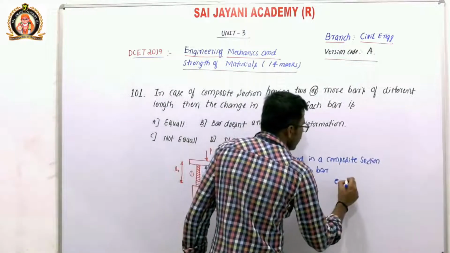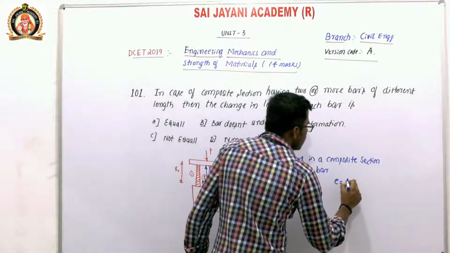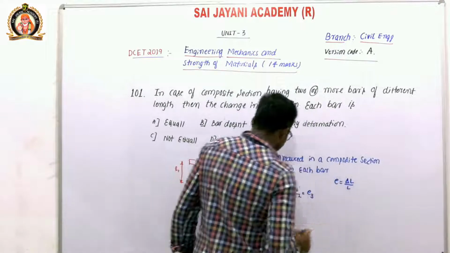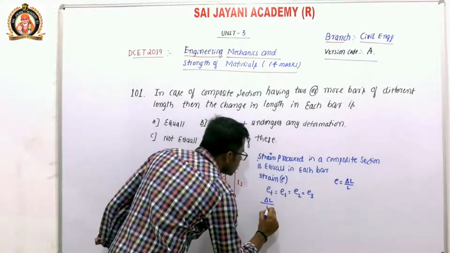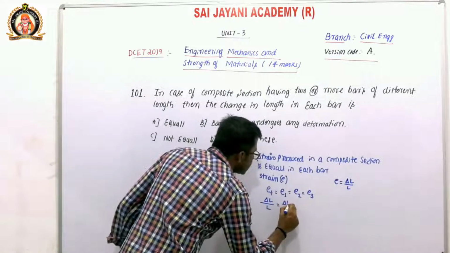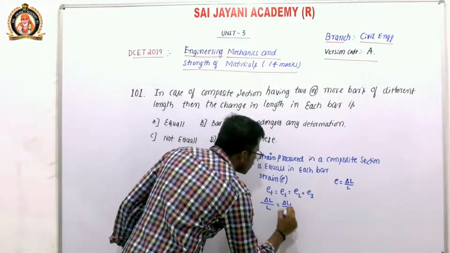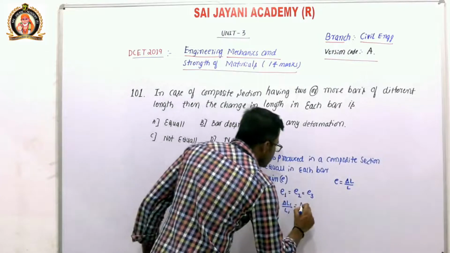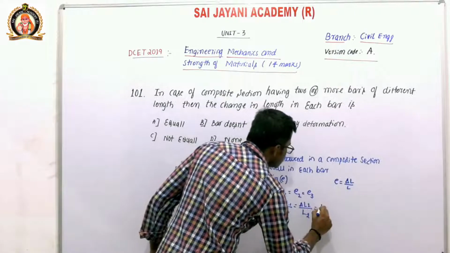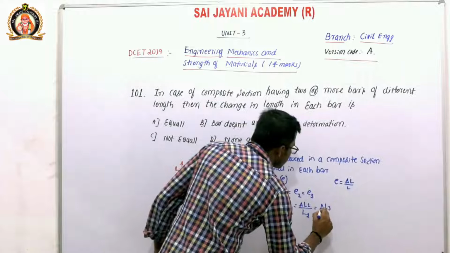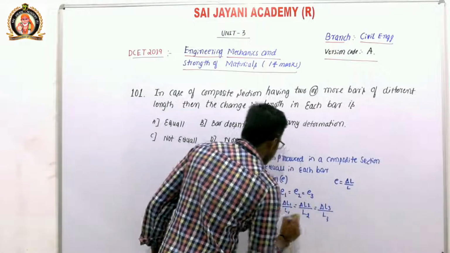Strain is defined as the deformation per unit length. So change in length divided by original length is equal to change in length of bar 1 to original length of bar 1, change in length in bar 2 to original length of bar 2, change in length of bar 3 to original length.